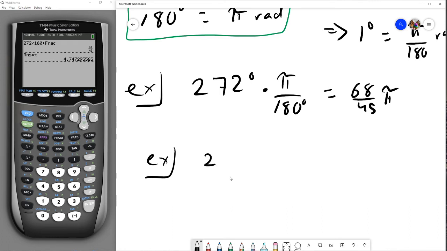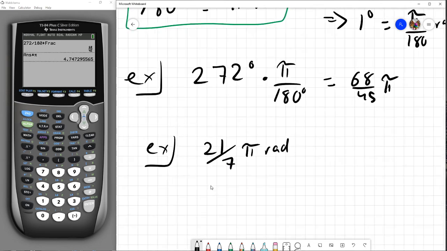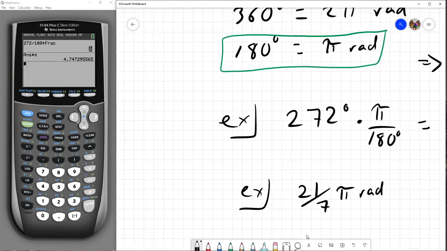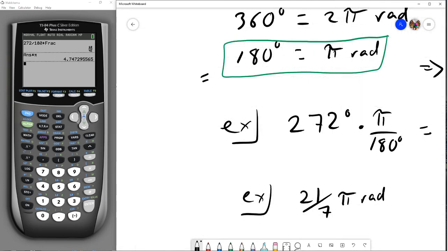And if, say, for example, I had, how about 21 over 7 pi rad? We want to figure out what this is in terms of degrees. Well, we can think of this equality in the following manner. 1 rad has to equal 180 degrees over pi, right?